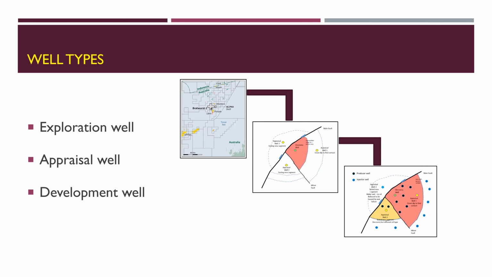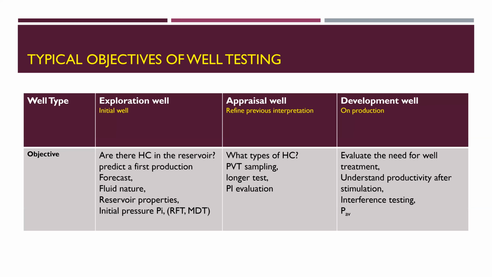And the same, testing an appraisal well will help us to answer some questions and to move from the appraisal phase to the development phase. Here is a list of some of the objectives of well testing. In the case of an exploration well, which is the initial well, we need to answer an important question: are there hydrocarbons in the reservoir?